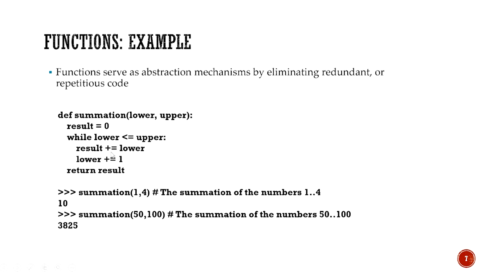Augmented statement, result equal to result plus lower, and then add 1 to lower, go back to the while loop. If the condition is met, do this again. After you are done with the while loop, then return the result. So let's try implementing this piece of code.